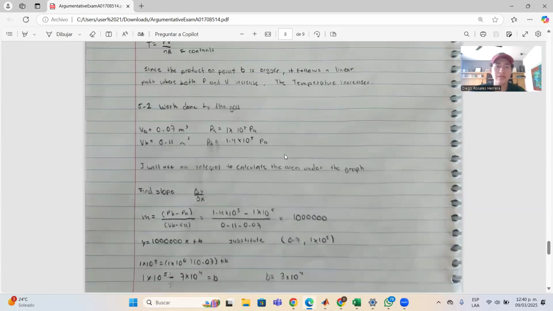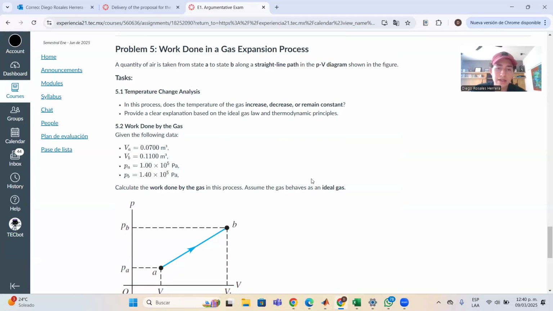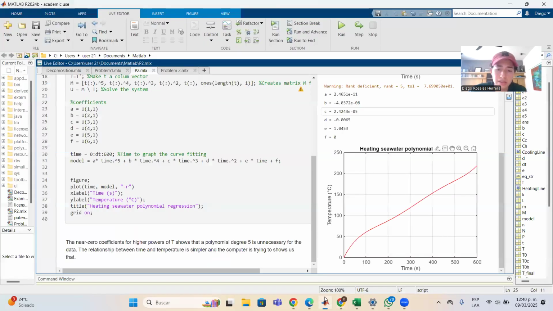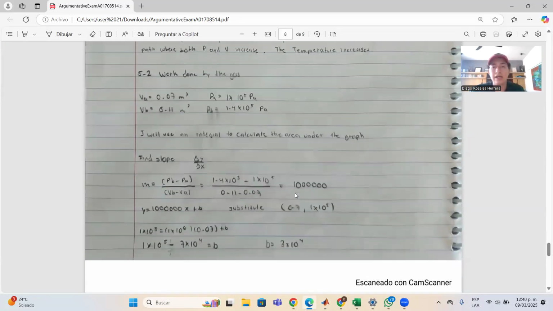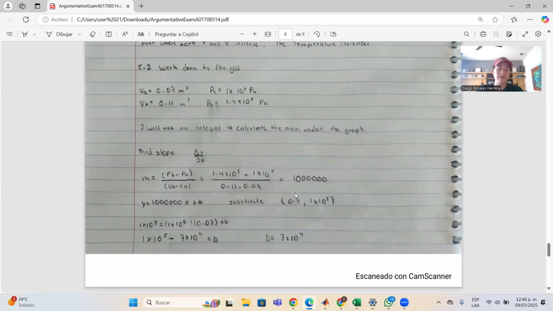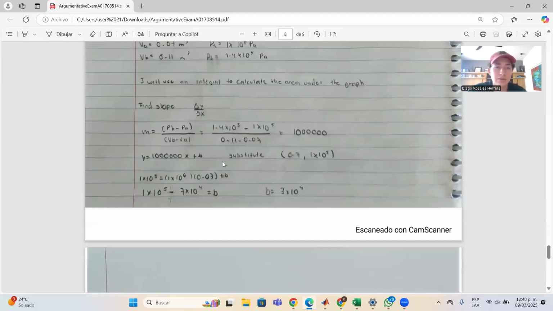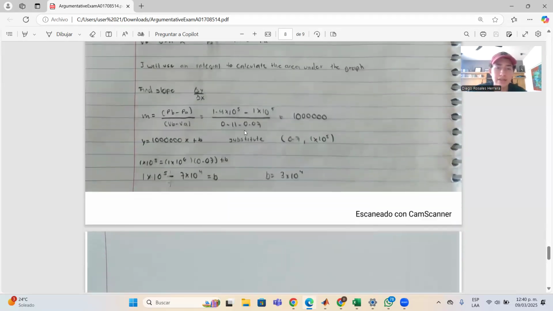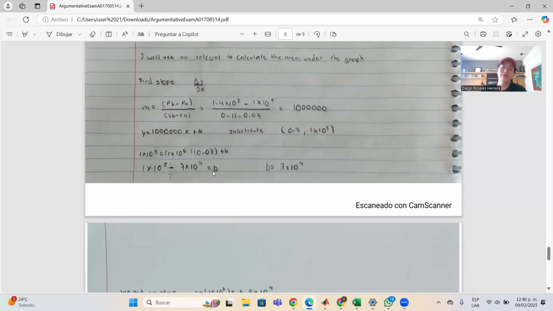And lastly, for the last question, the work done by the gas, we're going to get these values right here. And what I'm going to do is just calculate the area under the graph. So first, I'm going to look for the slope of the line in order to calculate the area underneath it. So the slope is delta y divided by delta x. I get this result, and I just plug it into the line equation, which is y equals mx plus b.